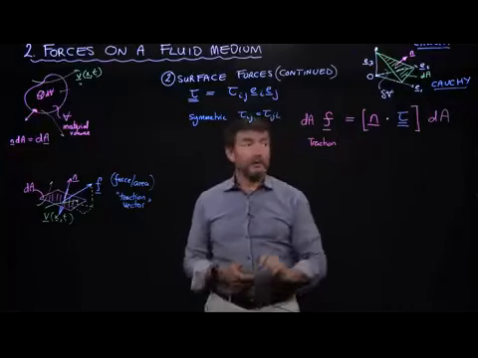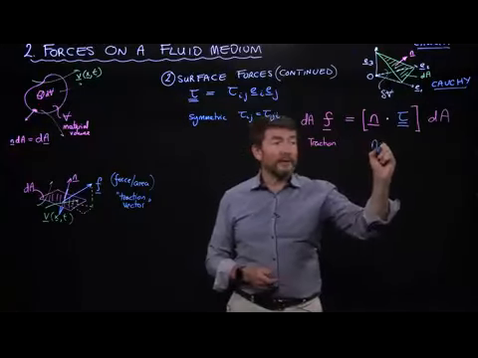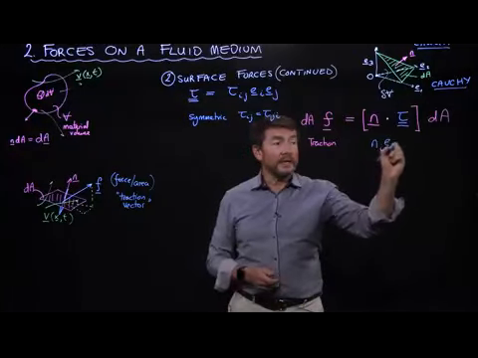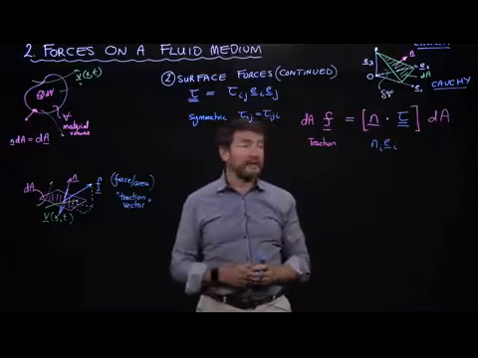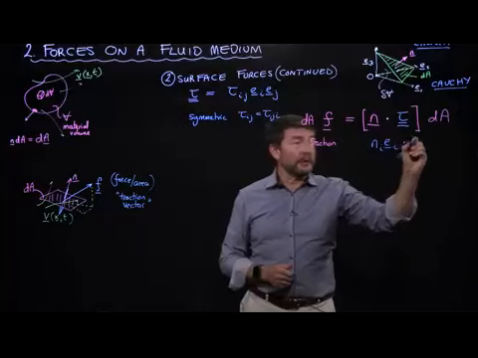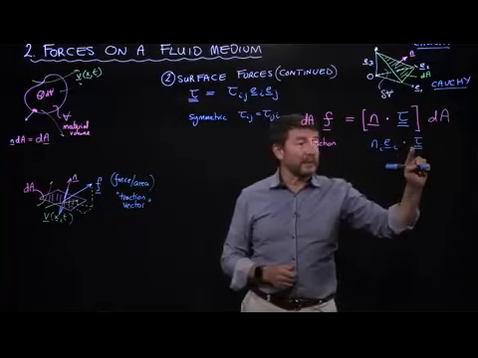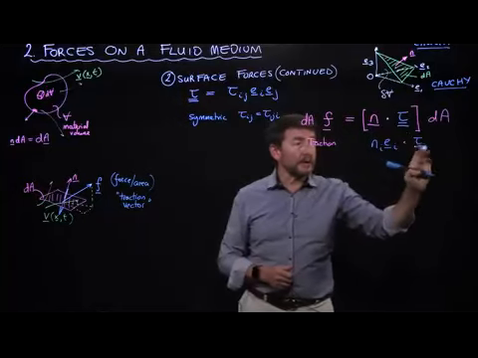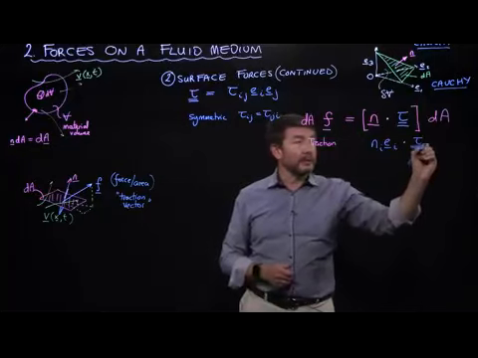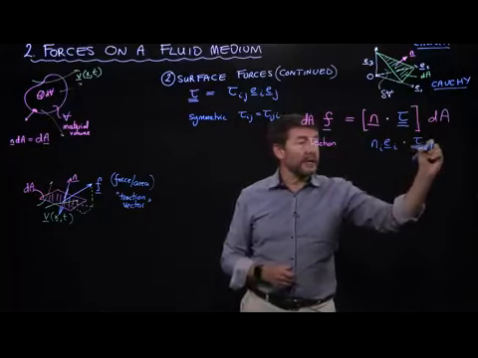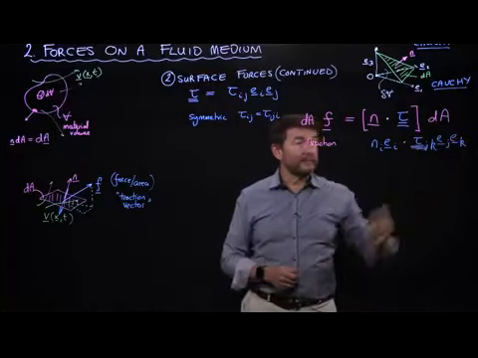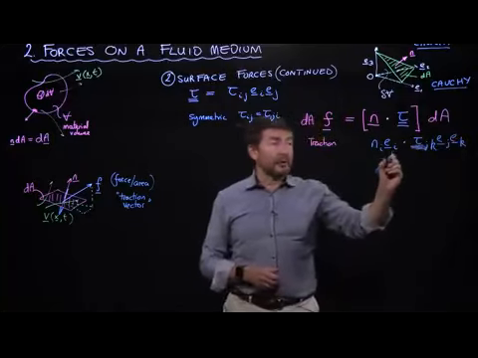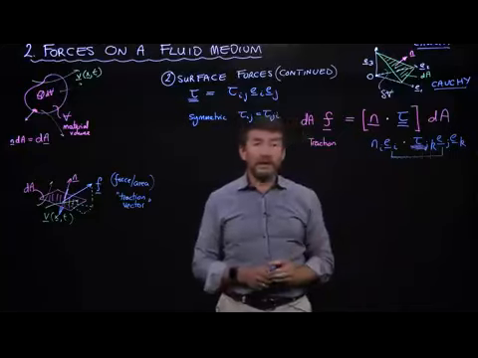If I write this out in component form, then we would have n_i e_i, which is how I would represent my unit vector, and I would be dotting this into tau. Let's write this out in component form. So we'll have a j and a k and two free base vectors, and the dot product will operate on these two.